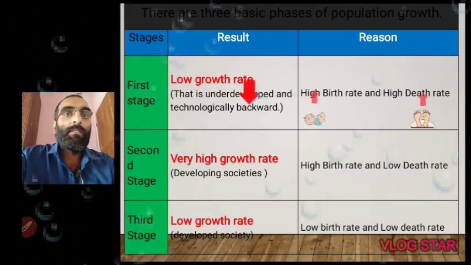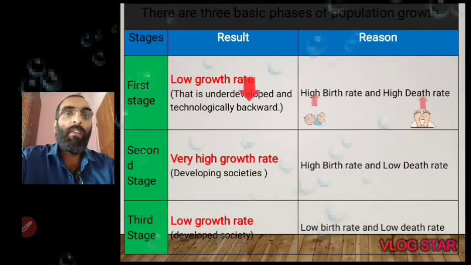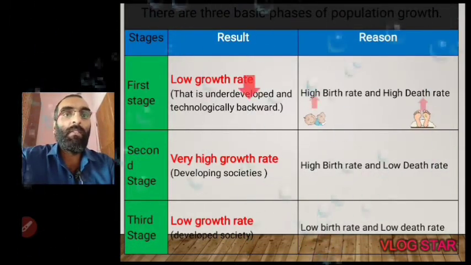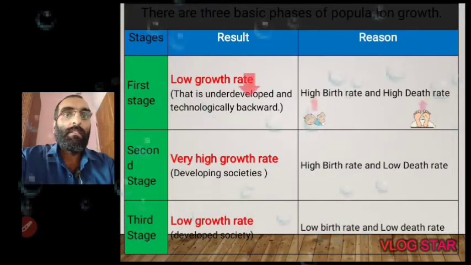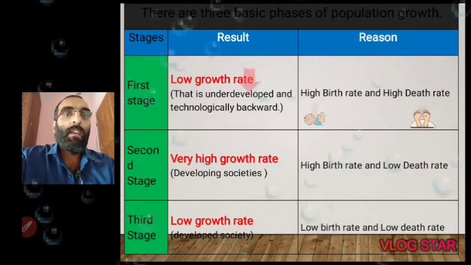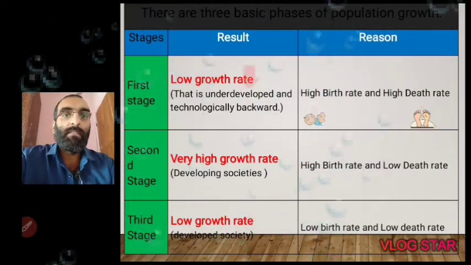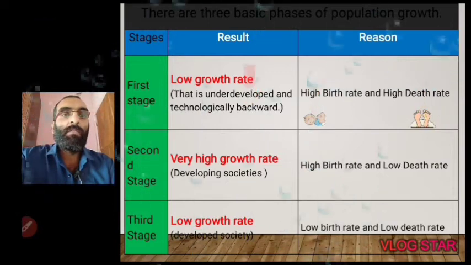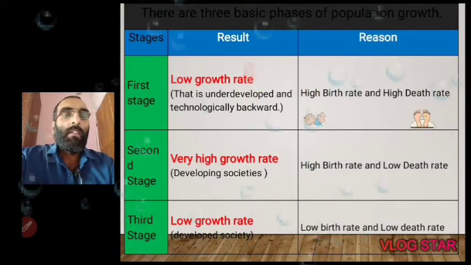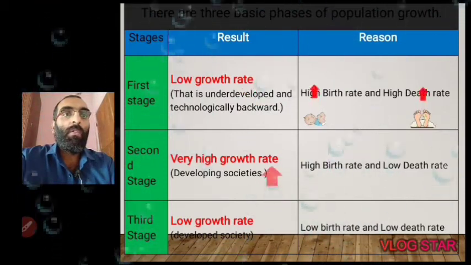The second stage is a very high growth rate. That is in developing societies or developing countries, like India. There, society is also developing. There is a high birth rate and a low death rate.